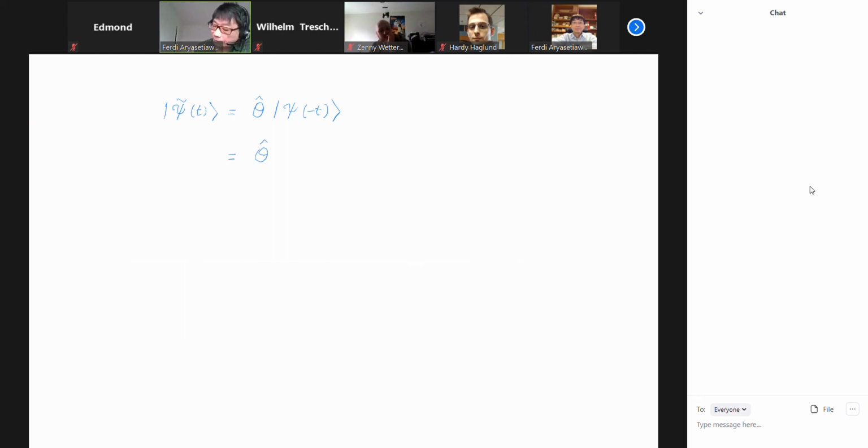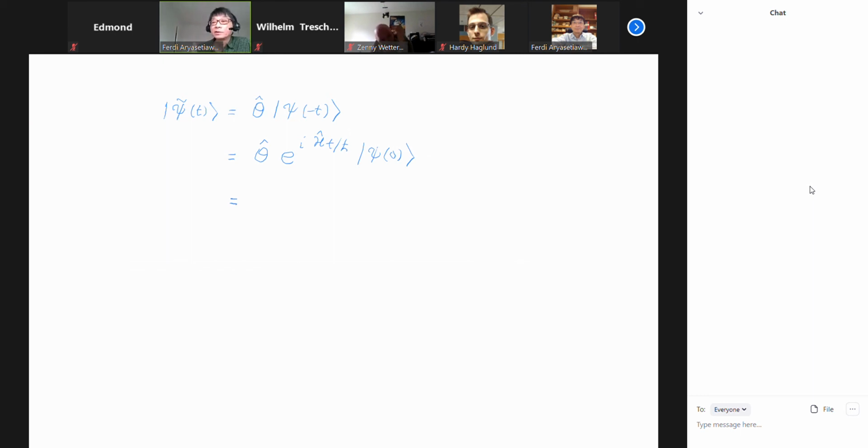So we have the time development operator, like that. So this is plus iHt divided by h bar. It's positive because we have minus t. So theta and H commute.